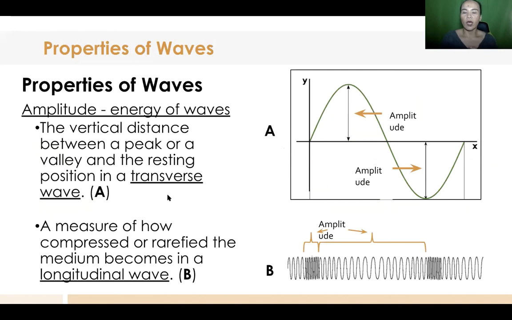Some properties of waves that we need to take a look at, and this normally measures the energy or the amount of energy our waves possess. Let's start with amplitude. So amplitude is simply the energy of the waves, okay? And if you look at our diagram here, the height of your crest from the rest position all the way up is your amplitude.